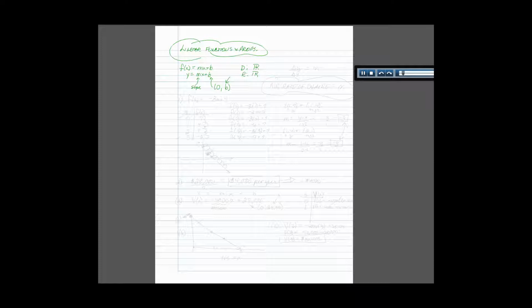So the average rate of change of a linear function, that is f of x equals mx plus b, is just this: the change in y over the change in x. Well, that should look very, very familiar to you because that's just another way to say slope. So average rate of change is the same thing in a linear function as slope. And that's what you kind of need to know here.